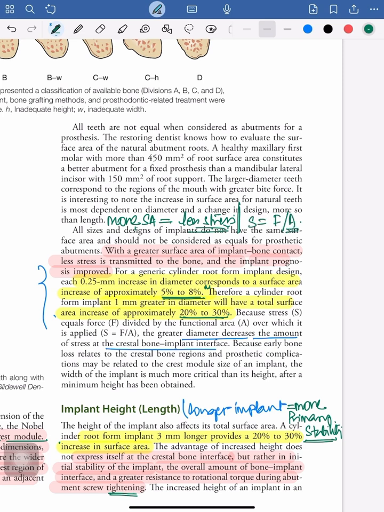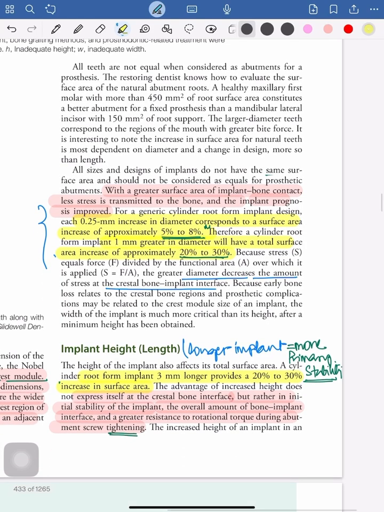So if we increase the area, the force on the implant or the prosthesis would decrease. It's always recommended that you use a wider implant wherever possible, considering the bone width. With each 1 millimeter of greater implant diameter, the total surface area would increase by 20 to 30%, which is a huge number.